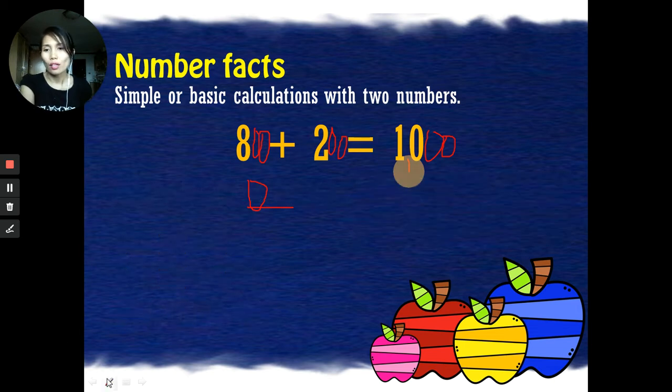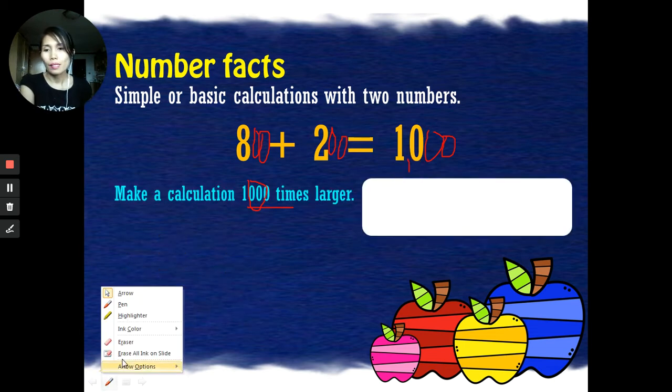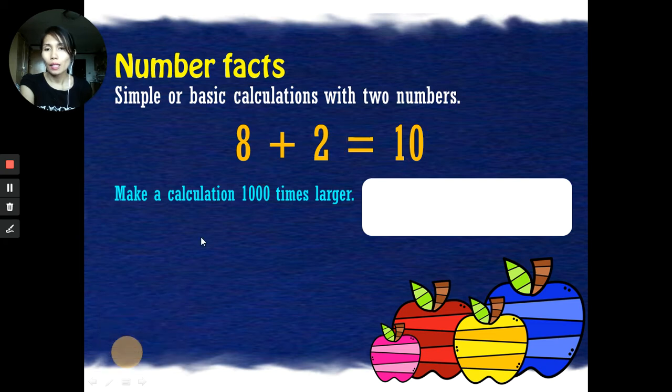Now let's try another sample. Let's make a calculation 1,000 times larger. So that means we will add how many zeros here? 1,000 has 3 zeros. So 8 times 1,000 is 8,000, right? So let's add 3 zeros here, 3 zeros here, and 3 zeros here.